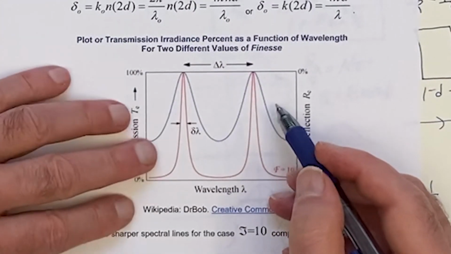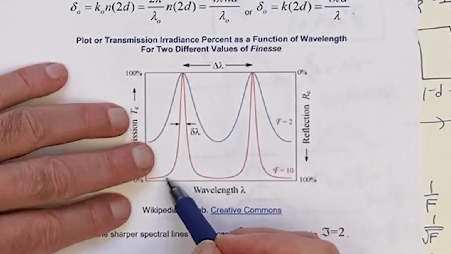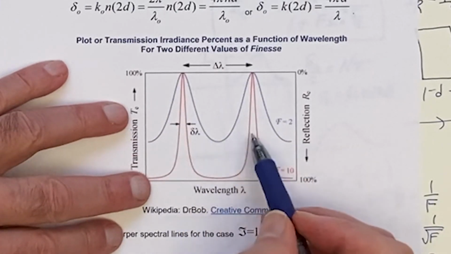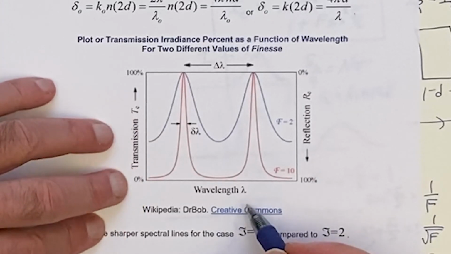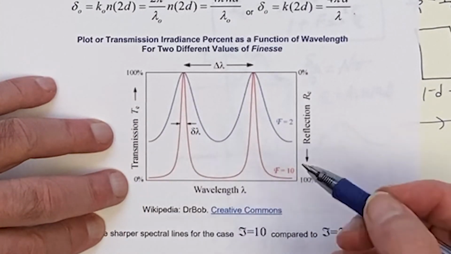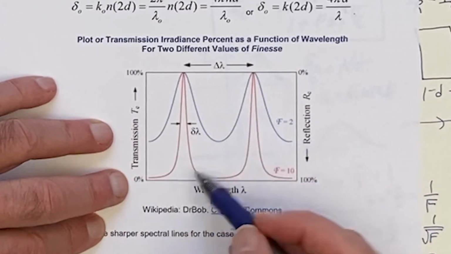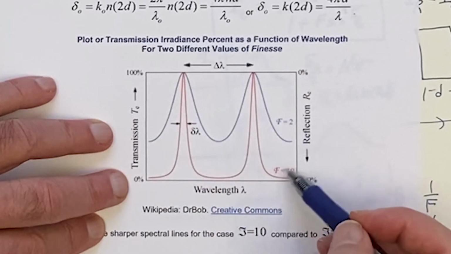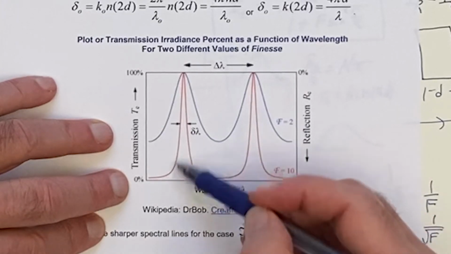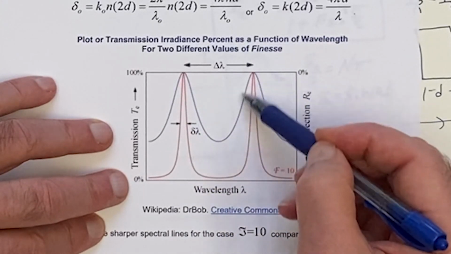Okay, so let's look at what we got here. This is the main thing I wanted to show you, that the tall and narrow type of peak occurs when the finesse coefficient is large. In this case, it is 10 down here. The coefficient of finesse, the script one, is 10, and then here it's 2.